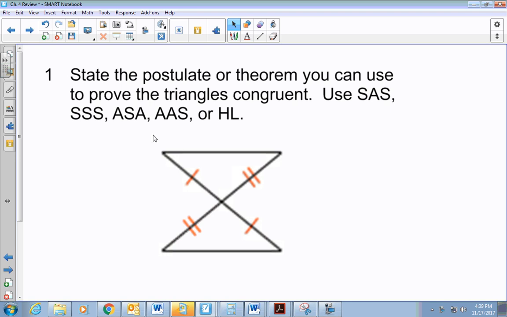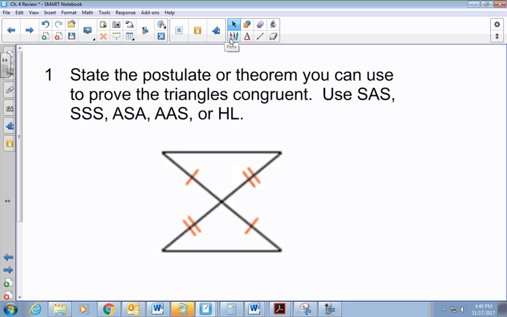The first question we're going to review is state the postulate or theorem you can use to prove the triangle is congruent. Use side, angle, side, side, side, side, angle, angle, angle, side, or hypotenuse leg. And in fact, my students haven't done hypotenuse leg yet, so we're definitely not using that one. All right, so we look at our two triangles, and this is one of my favorite bow tie triangles.